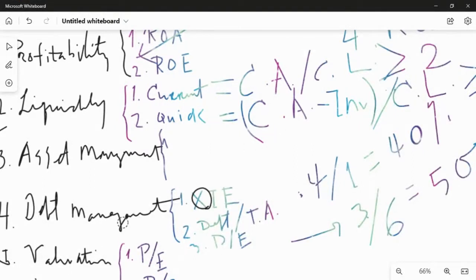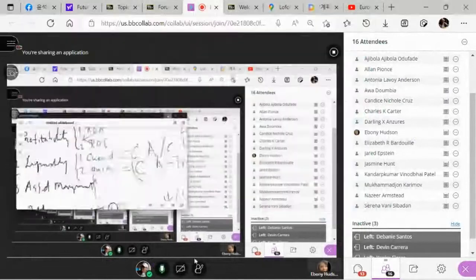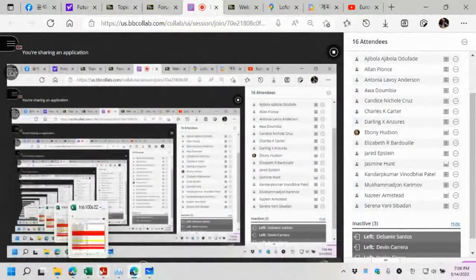So in asset management ratios, right? First, I'm going to use the inventory turnover ratio and fixed assets turnover ratio.